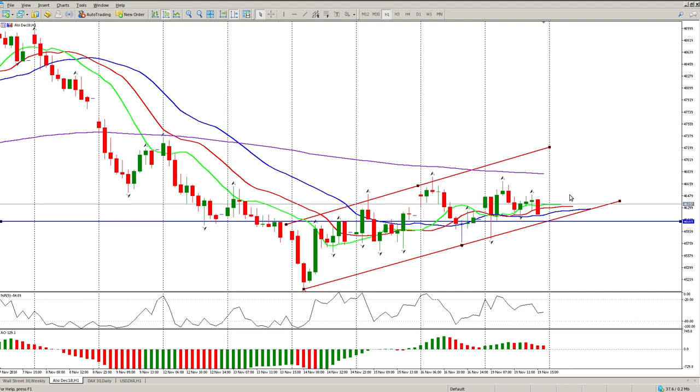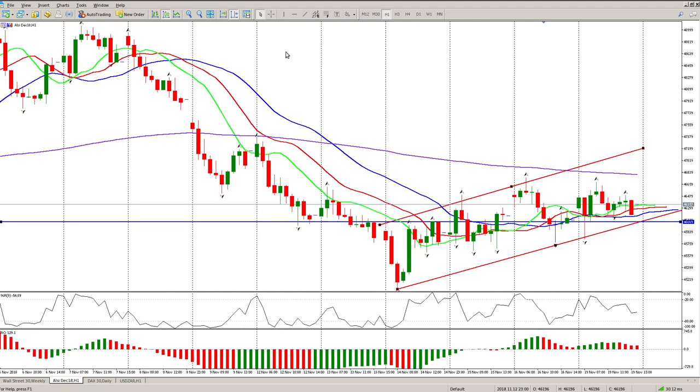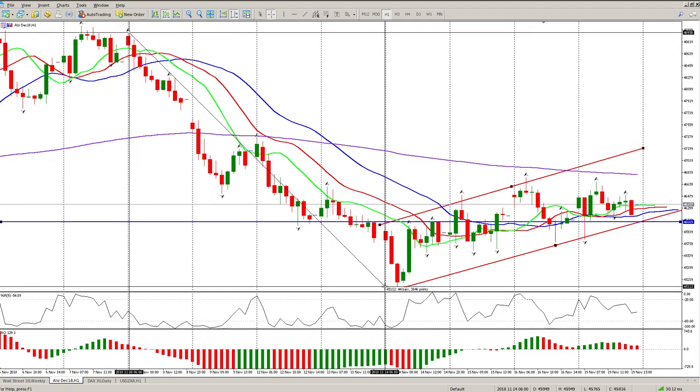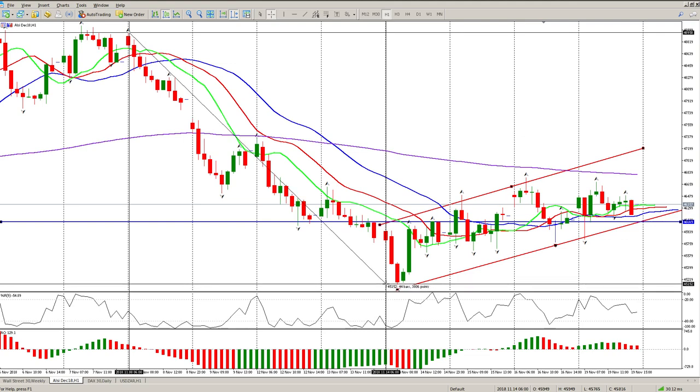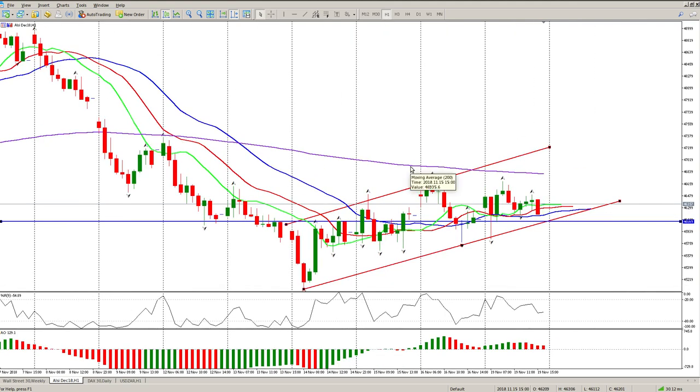You can see we have a lower high there, below the 200 moving average. So I suspect this is just consolidating for another massive move down, to replicate that there, which is another 3,800 point move to the downside. That's kind of what I can see.